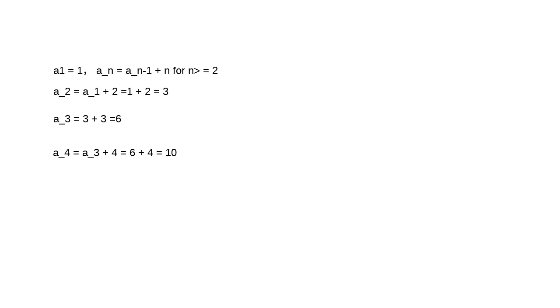A5 equals A4, which is 10, plus 5, which is 15. Right? So we read the first couple of terms. So we got 1, 3, 6, 10, 15. Now let's see. So the last one is n. So let's just rewrite this one.